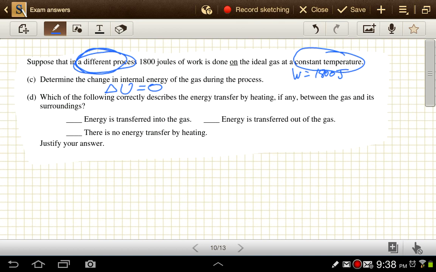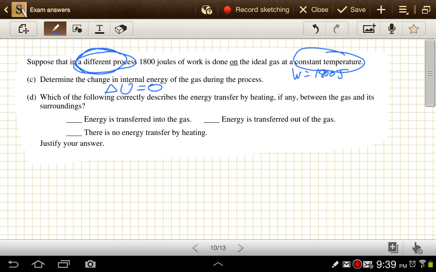But that is wrong. Temperature is constant because there is a non-zero heat, I should say. We're doing work on this system. So if there's no energy changed as heat, then the internal energy would be increasing and it'd be getting warmer in there. So that means we must have heat leaving our system.